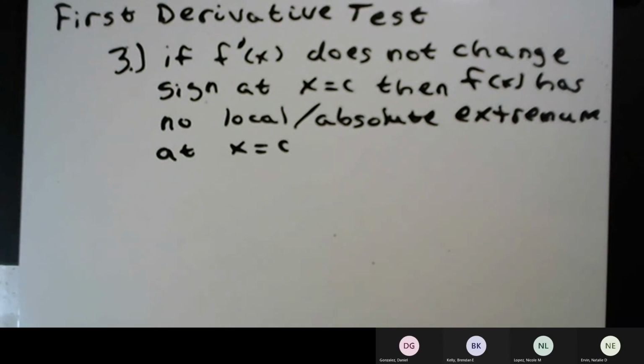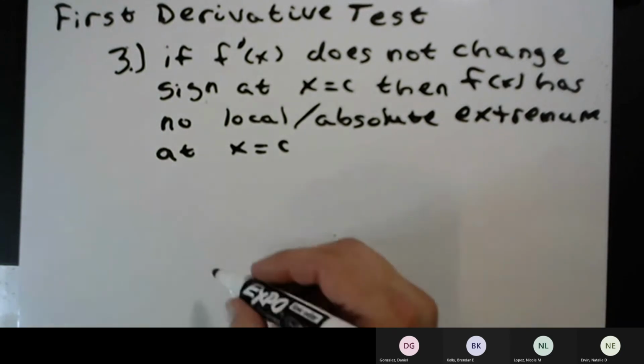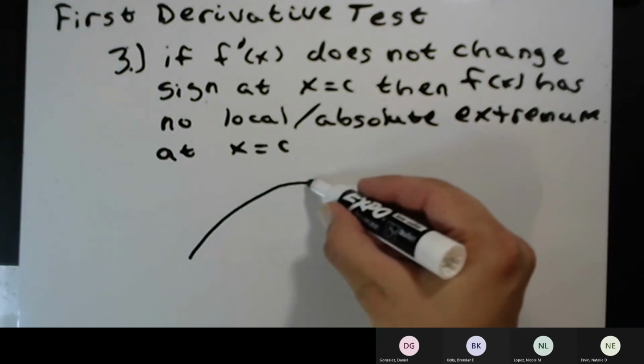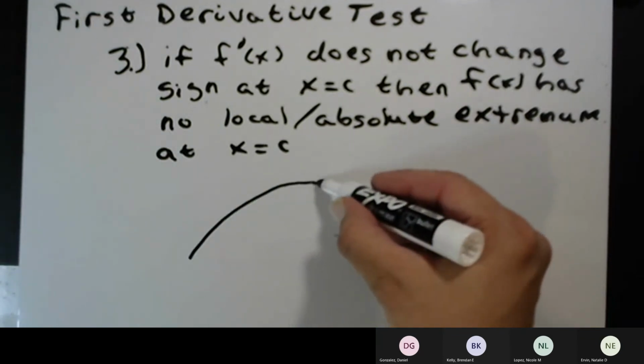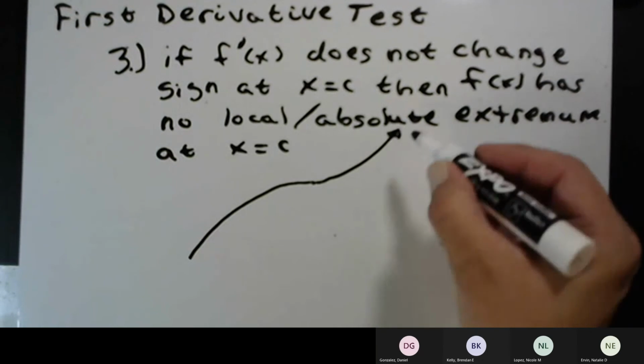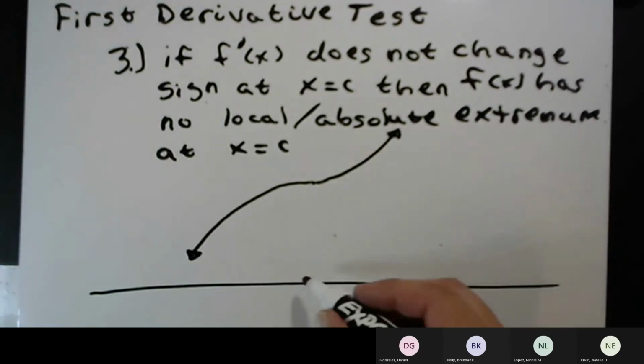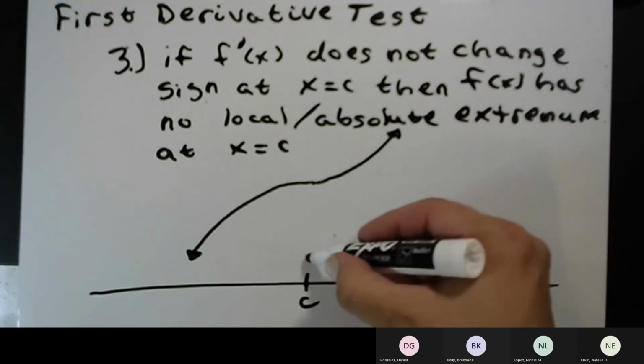So a function that might produce something like this, you have a function that kind of does this, and then for a second levels out, continues up. Something like f of x equals x cubed, for example, behaves this way.